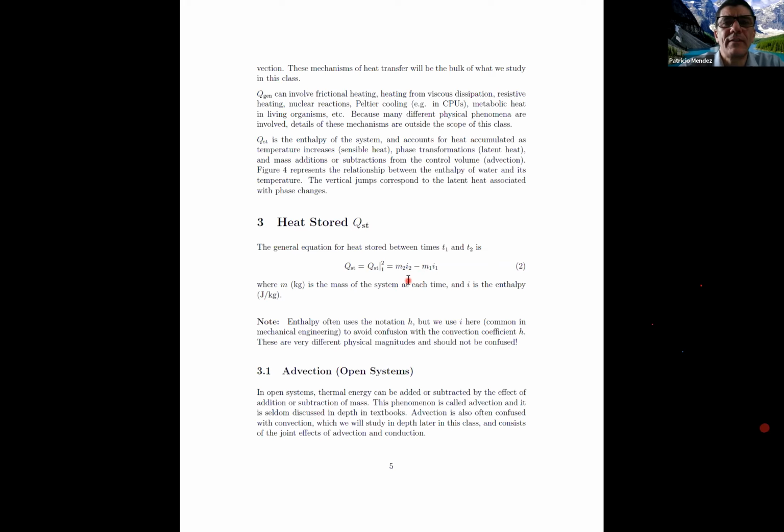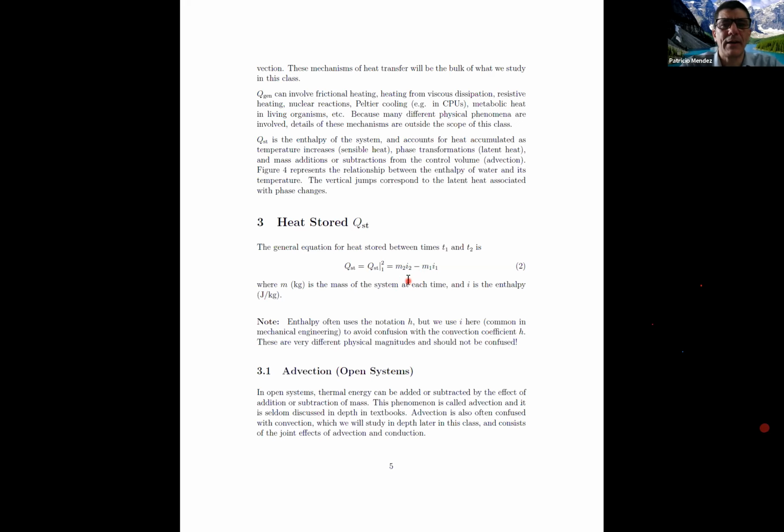So what this says is, this enthalpy here we have in joules per kilogram. Enthalpy is the measure of thermal energy of something. It doesn't have a well-defined zero, right? It's a relative measure.